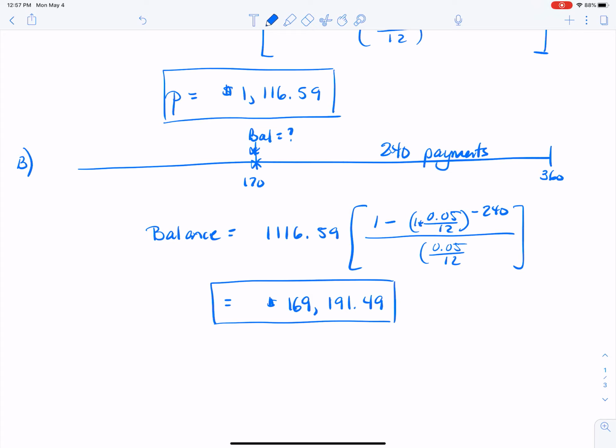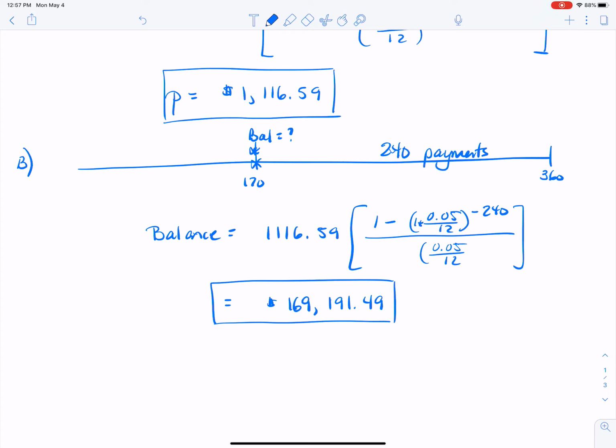Now, something that's new, so this one requires a lot of steps, it seems. But we want the interest paid in the 10th year. So let's just think about how every year is divided up. In the first year I have payments 1 through 12.